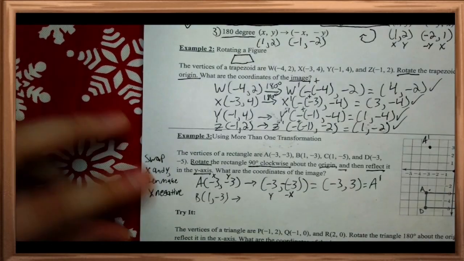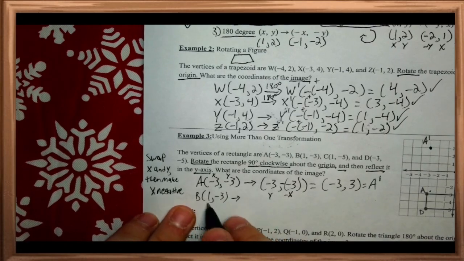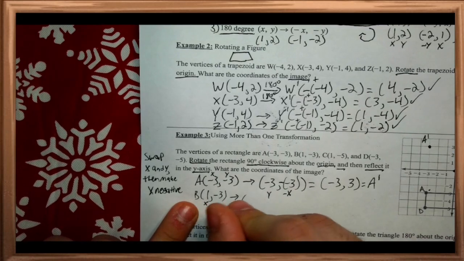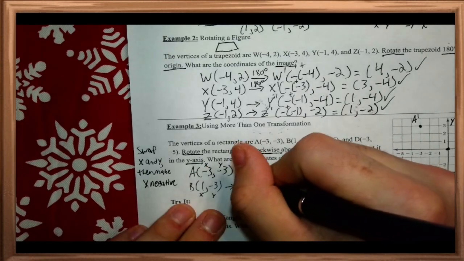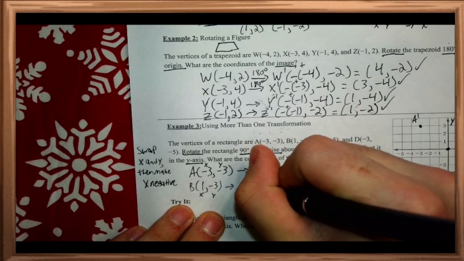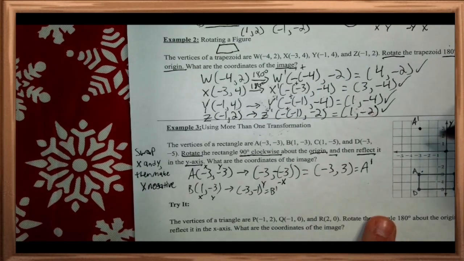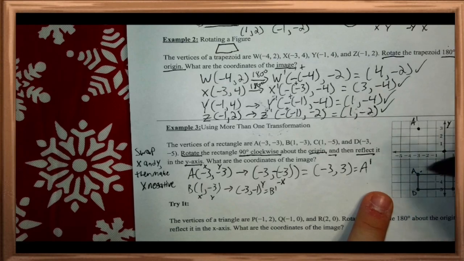We're doing the rotation. So we're going to have them swap. So 1 and negative 3 are going to swap. And then 1, since that's the x number, 1 is going to become negative. So we're going to have negative 3, negative 1. And that's going to be B prime. So, negative 3, negative 1. There's B prime.